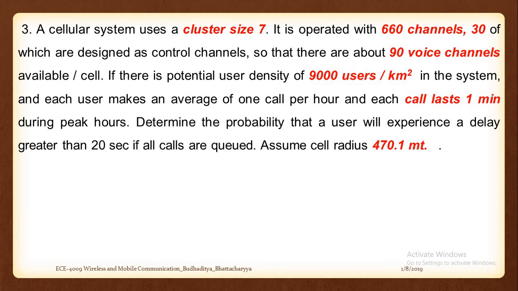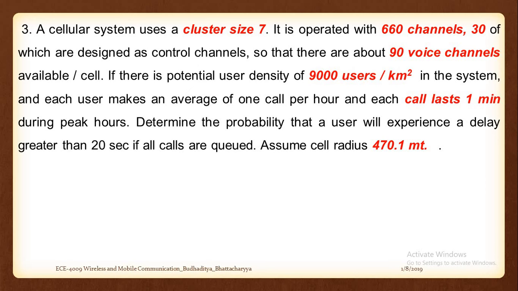If there is a potential user density of 9000 users per square kilometer, and each user makes an average of 1 call per hour which lasts for 1 minute during peak hours, determine the probability.